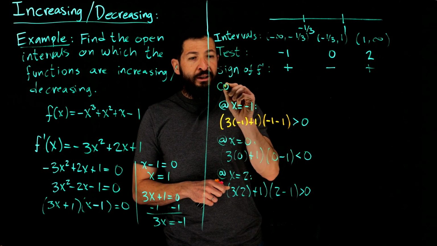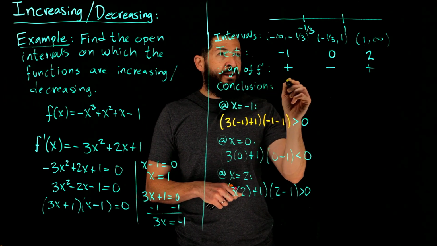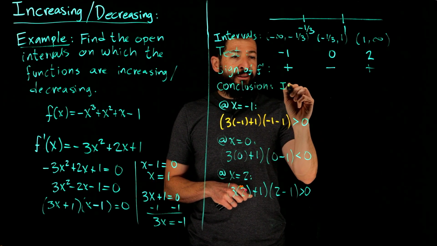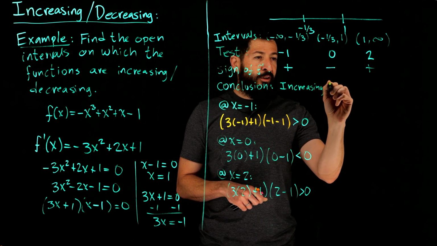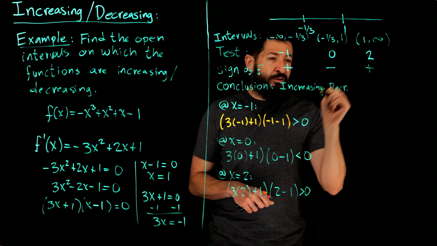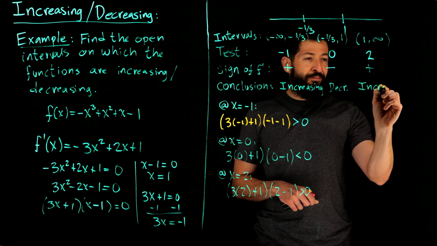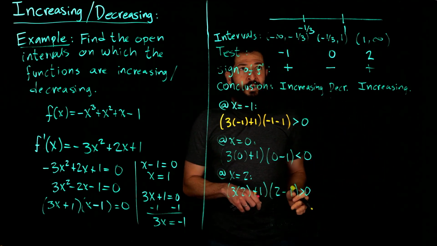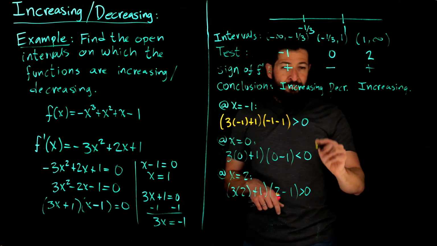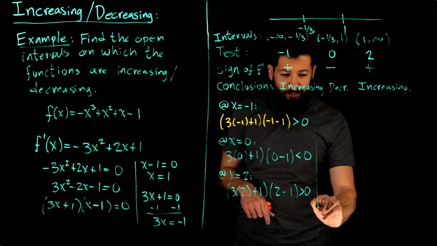So the conclusion is going to be that on this interval, the function is going to be increasing. Here it's going to be decreasing. I just write that because it's not going to fit here, and then increasing here. So we have that the function will be increasing. I'm going to summarize my conclusion because I took some space here.